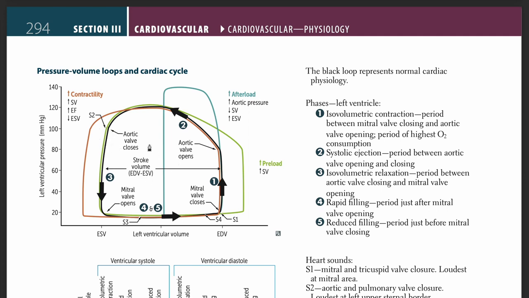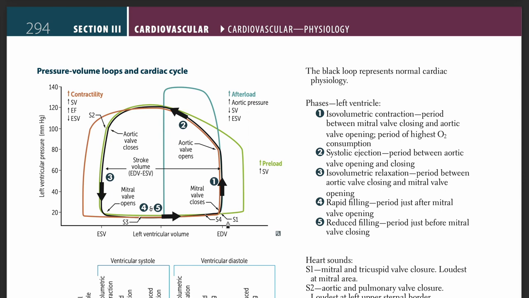Okay. Then you have two more sounds, S3 and S4. S3 is the one for high volume, and then S4 is for hypertrophic, right? So when you have a stiff wall and you splash water against it, it's gonna make sound compared to you splashing water against a bed sheet that's hanging, right?